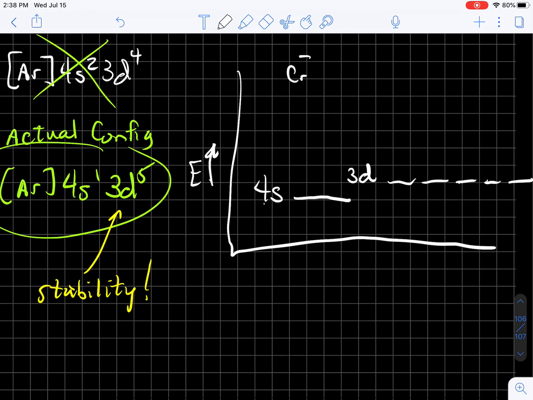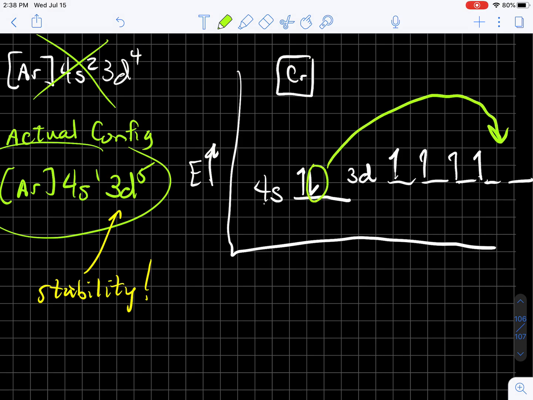So the Half-filled expectation on chromium is that we should have 4s2, 3d4. But what you wind up with, instead of having that electron in the 4s, is actually found in the 3d. Now you have all parallel spinning electrons, which adds stability to the electron configuration.